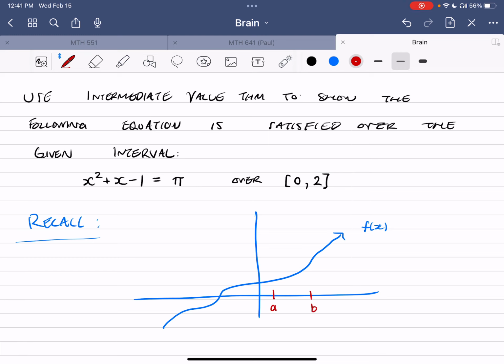a, b, and we plug those in, and we have f is continuous over a to b, once you plug those values in, let's see here, we get f of b, f of a.